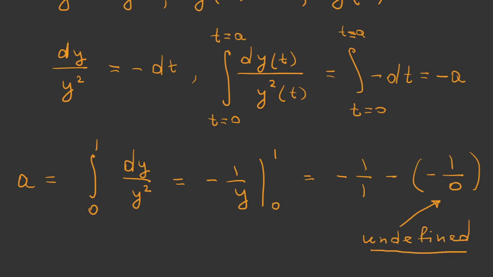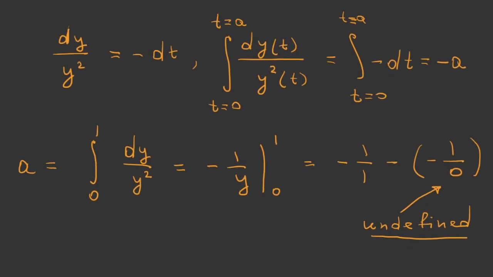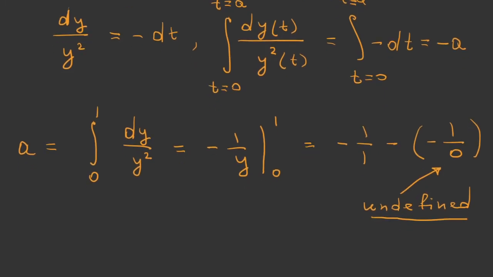Actually, if you think about this, the fact that we're getting division by 0 here is not particularly surprising. The function itself that we're integrating, 1 over y squared, is not defined at the endpoint of the interval of integration, y equals 0. If you try to plug in y equals 0 into the function, you see that the function is undefined.